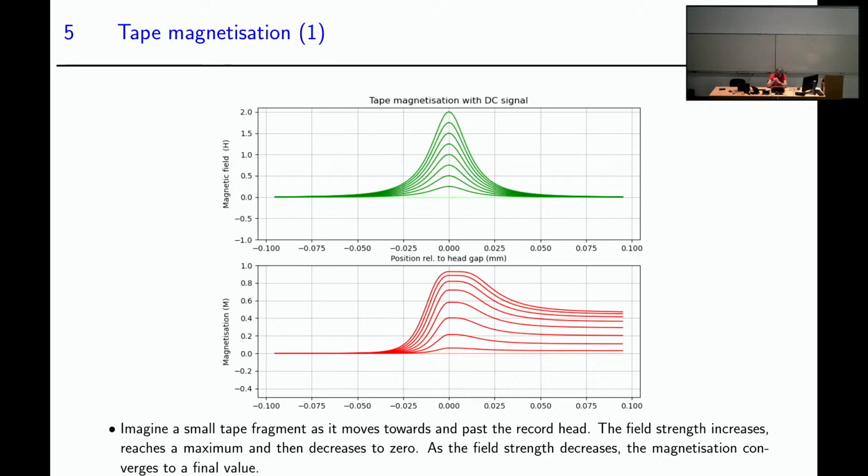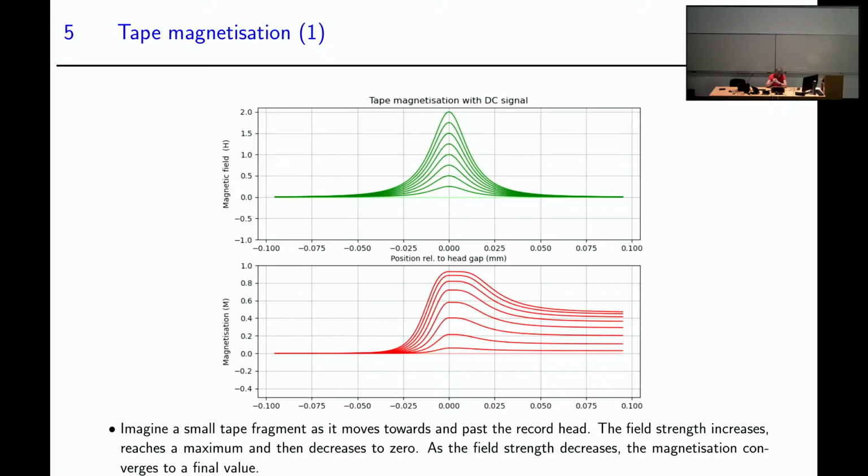Say we send a DC signal to the recording head. The magnetic field sensed by that small piece of tape increases as it passes towards the head. It will be maximum there. And then it decreases. And the signal which remains on the tape is shown below in the red curves.